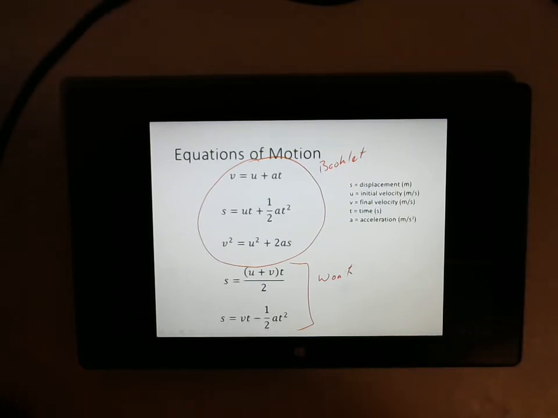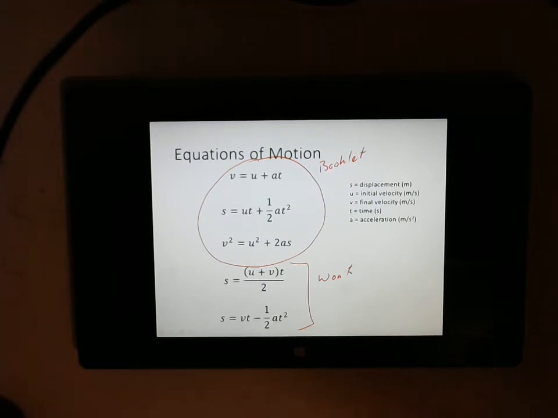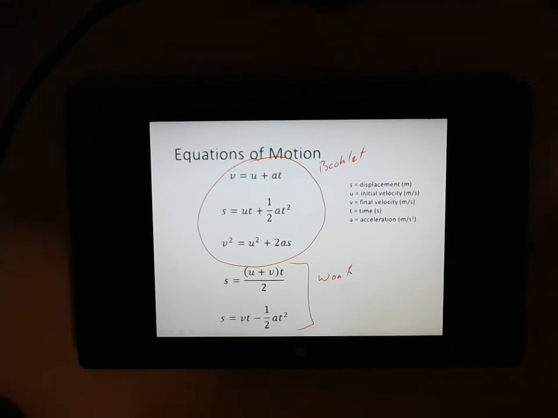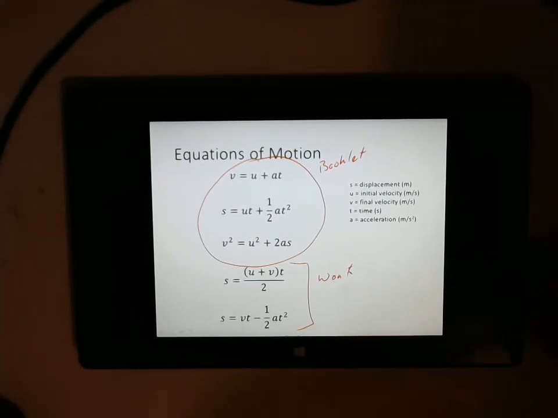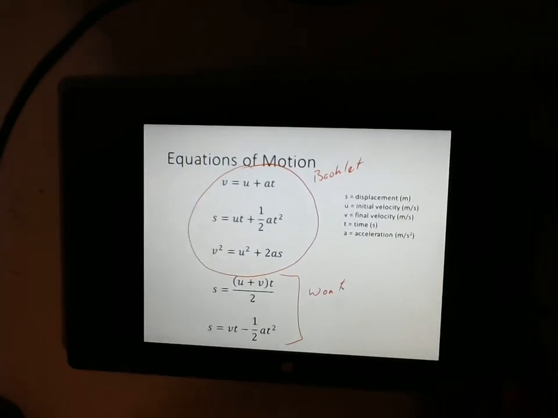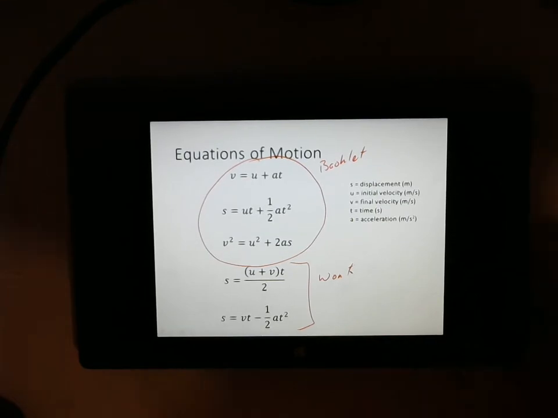If you use it incorrectly, maybe you forget the divide by 2, okay? Or maybe for some reason you do U minus V, and then you divide it by 2, if you put it in wrong, you will lose marks, or you won't get the marks that you would normally have gotten.